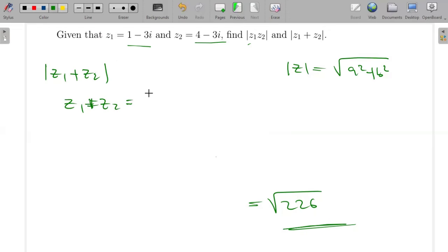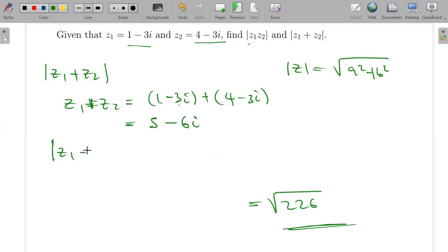So we know that when it comes to adding complex numbers, you add component wise. That is the real part to the real part, the imaginary part to the imaginary part. So this would be 1 plus 4, which gives me 5. And then you have this negative 3 plus negative 3 there gives you negative 6i.